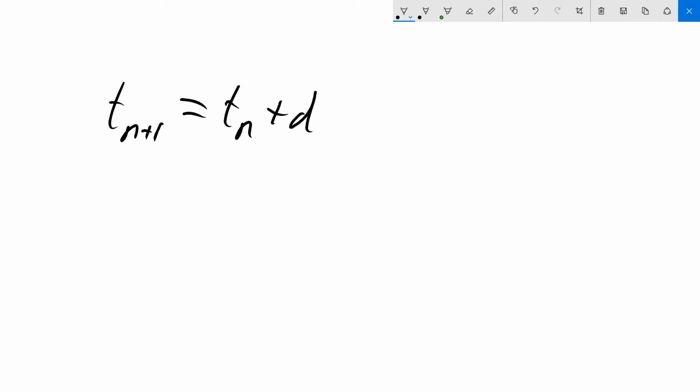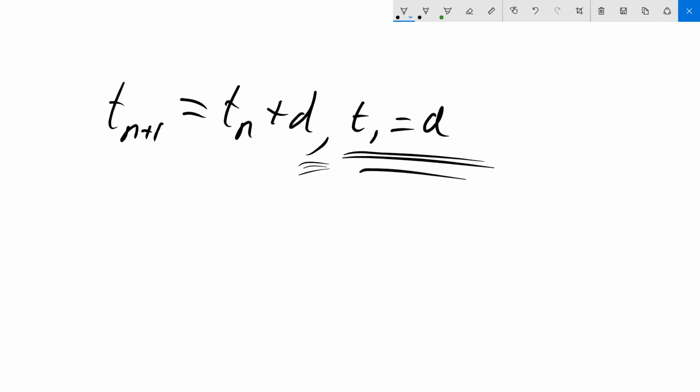Well, what does that mean? Well, this is called a recurrence relation. So all it's saying is that you can work out any term that you want as long as you know what the starting term is, and you have to write down this bit here followed by a comma, right? The comma has to be there, and that little T1 equals a business, that has to be there as well, otherwise you don't know where to start.